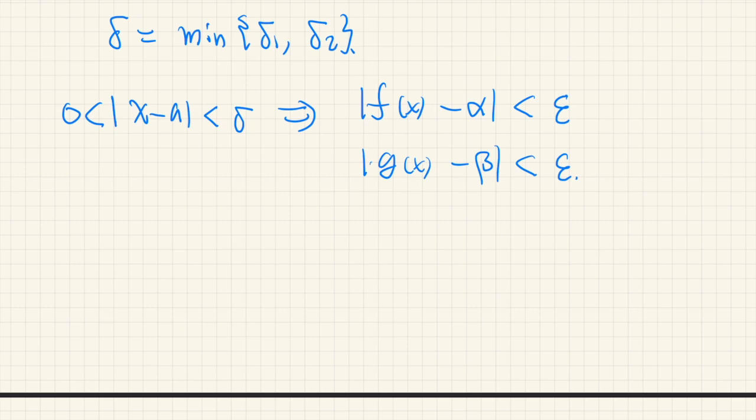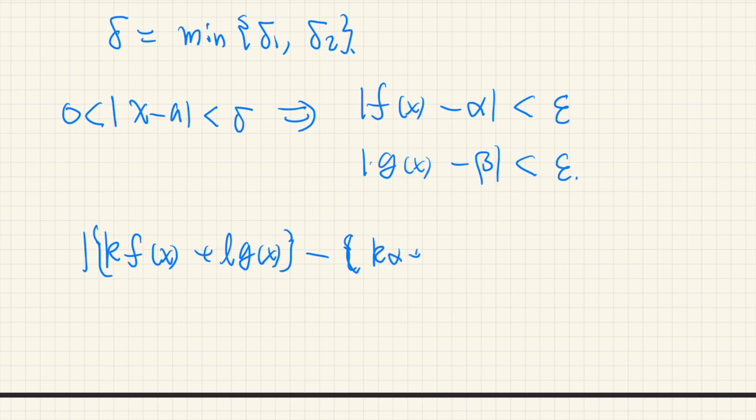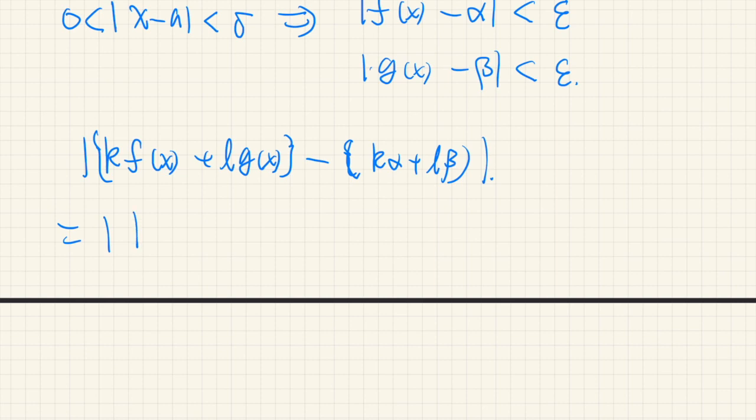So let's take the difference between the linear combination of the functions, k times f of x plus l times g of x, and the linear combination of the limits, k alpha plus l beta. This is equal to k of f of x minus alpha plus l of g of x minus beta.